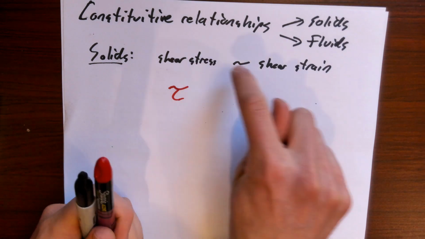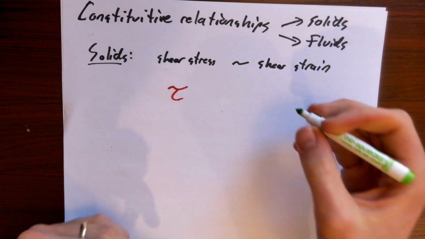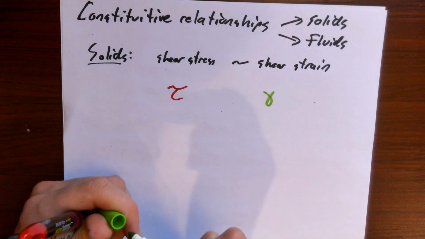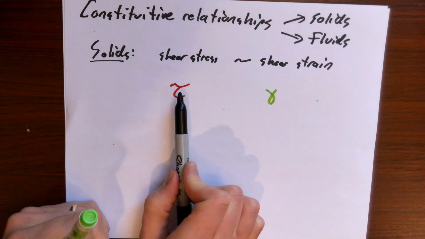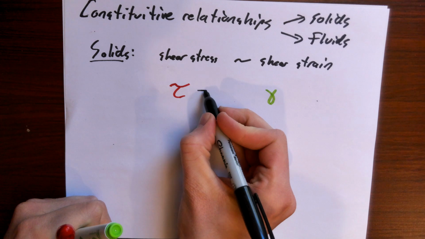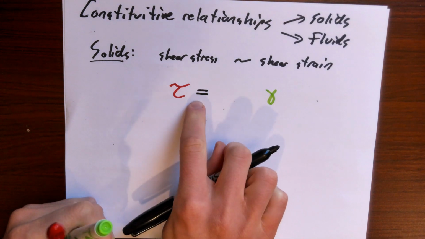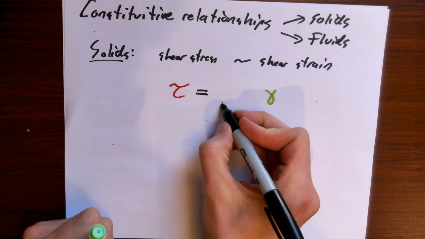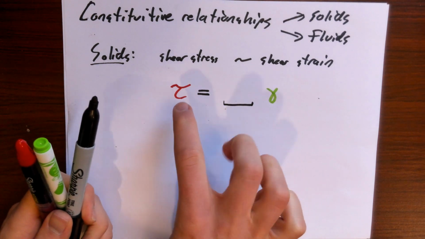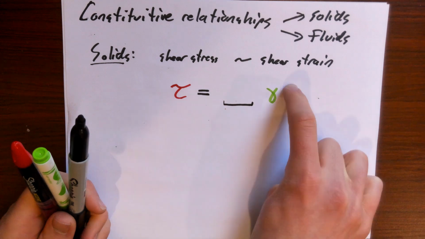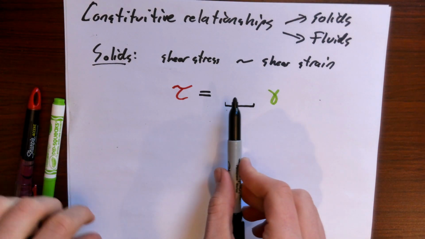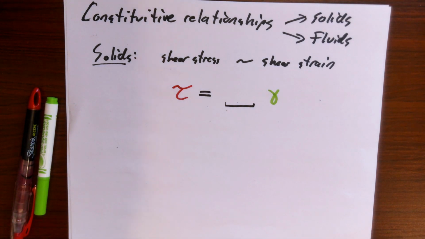If I think about shear stress being proportional to shear strain, shear strain of course being this quantity gamma that we talked about earlier, well, anytime I know one thing is proportional to another, I can make that proportionality an equality if I include a proportionality constant between them. So shear stress is equal to shear strain if I multiply shear strain by some appropriate quantity. That's the scaling factor that scales the shear stress to the shear strain.